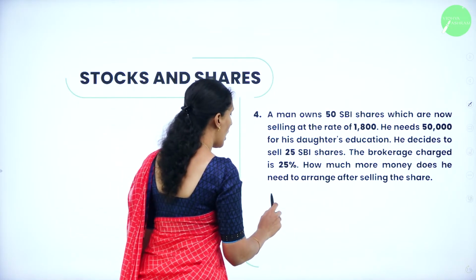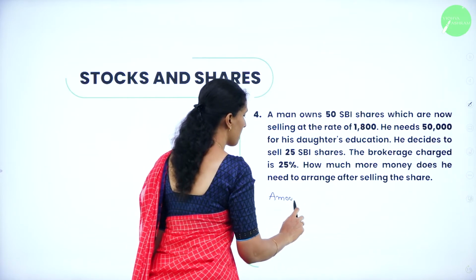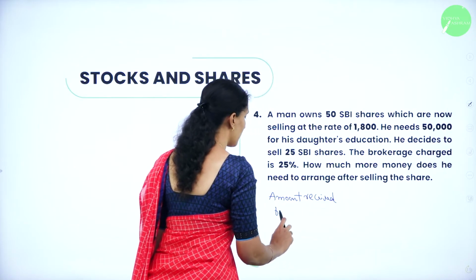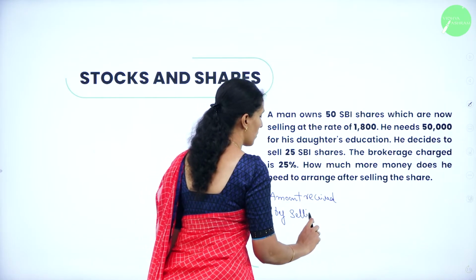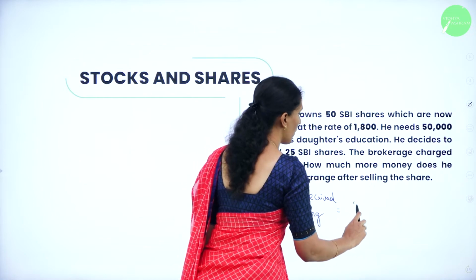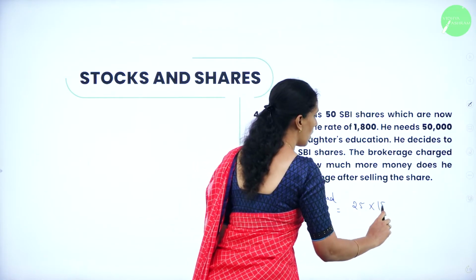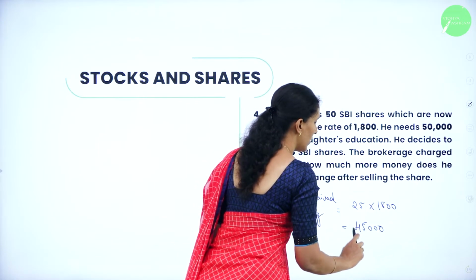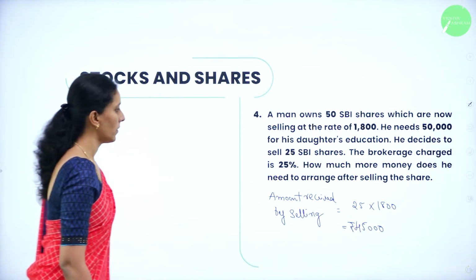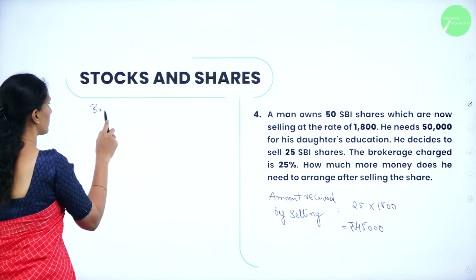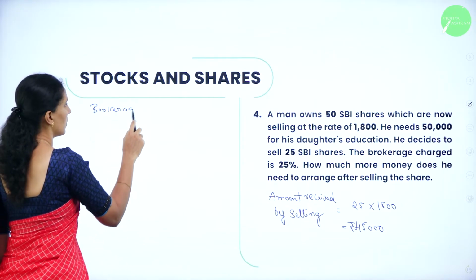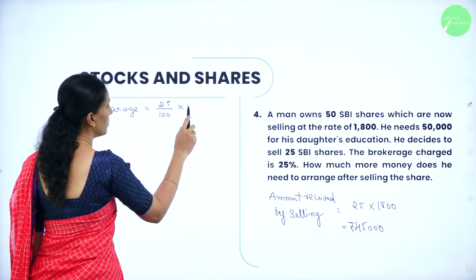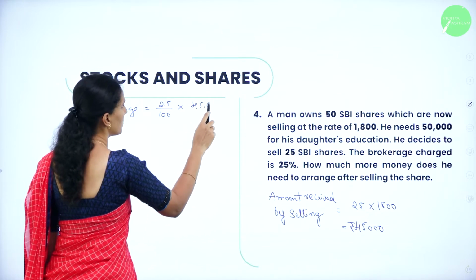So, amount received by selling. So, that is he has sold 25 shares on 1,800. That is equal to 45,000 in terms of rupees. Now, brokerage is 2.5 by 100 into 45,000.